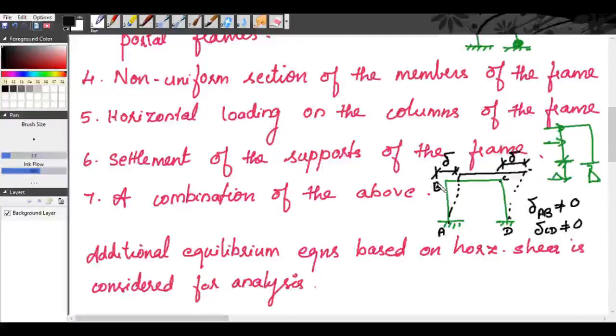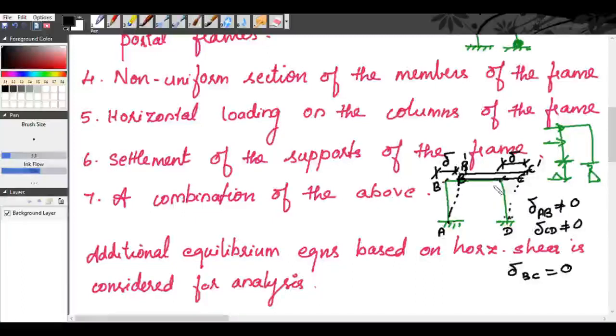And for the span BC, the deformation is equal to 0. The reason is this horizontal span BC is just shifted to B dash C dash. Okay, this span is getting shifted, but these spans are getting deflected. Actually this BC will be here, this is B dash and C dash.